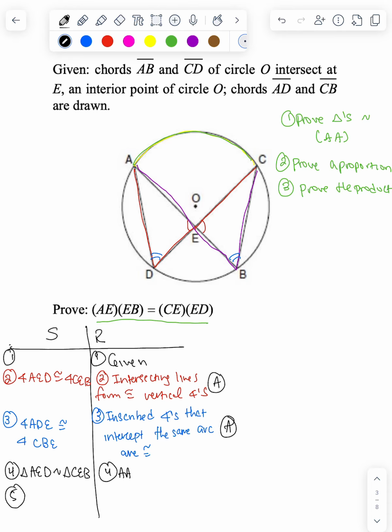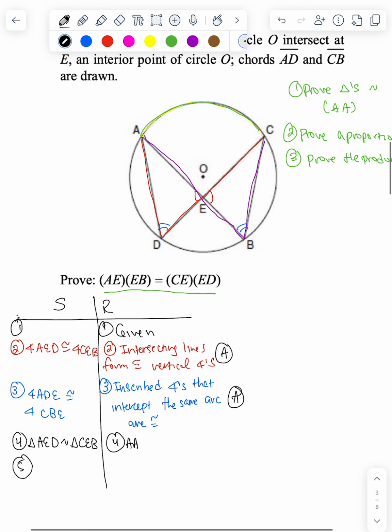And now we can prove a proportion involving the segments from the proof statement. So just put the segments from the proof statement into a proportion and then see if they cross multiply to give you the product that you need. And if they don't, then you need to adjust it.